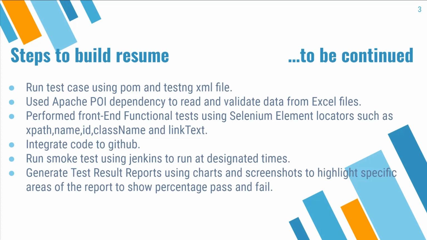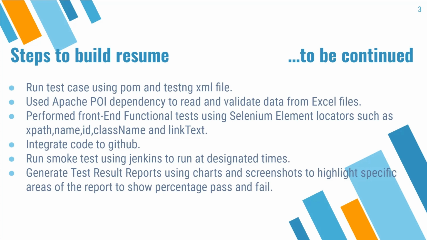And at the end, to generate reports, we have learned about Extent Reports. We have used Extent Reports, and we have also taken screenshots of specific areas, and by that we can easily figure out how many passed and failed. Basically, I have described the complete project in points where I mentioned what we did in the project: we wrote the test cases, and we talked about what steps we implemented.